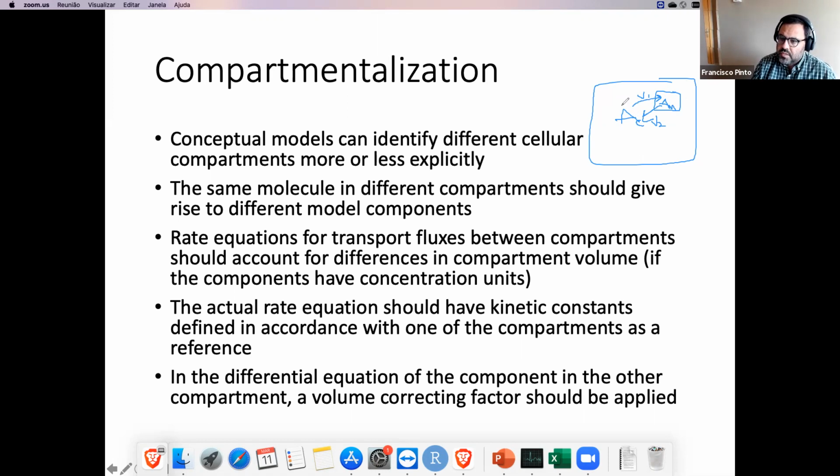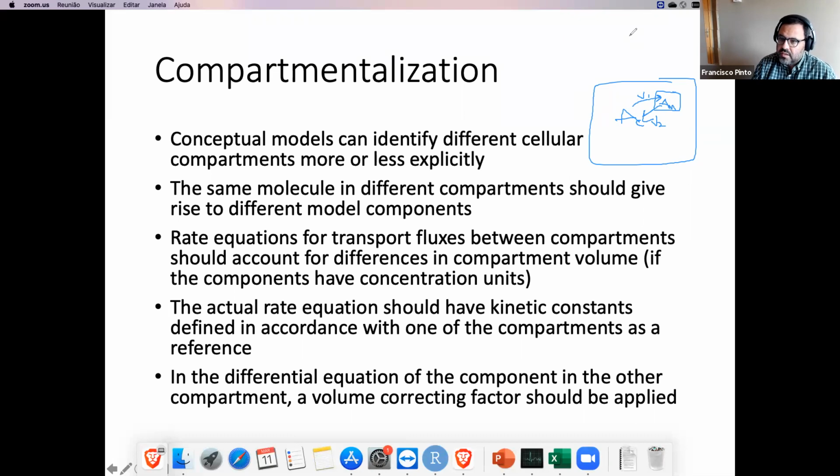If there are two compartments, like in this drawing, the nucleus is much smaller than the whole cell. And that is a property that changes from cell to cell, for example. In this case, you must be careful because you must define the rates V1 and V2 using as a reference the concentration in one of the compartments.